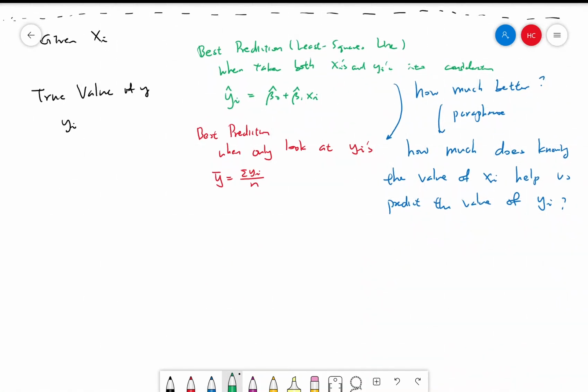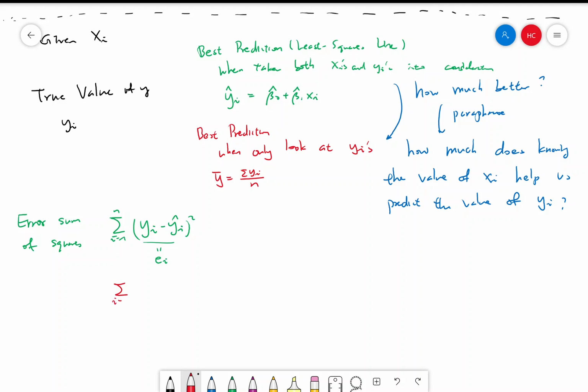So the green prediction has errors. So the error for the green prediction is yi minus yi hat, and this is also equal to ei, recall that. And to measure errors, the standard practice is we square all of them and we add them together. So this is called the error sum of squares. And we can also do the same thing for the red prediction.